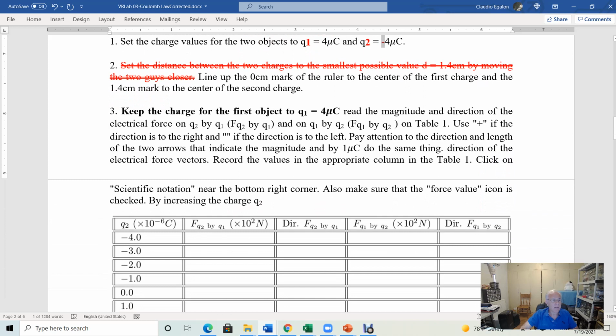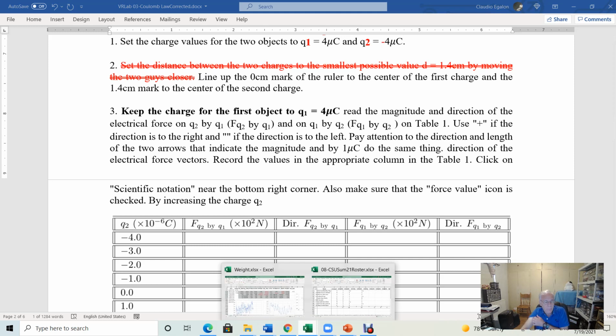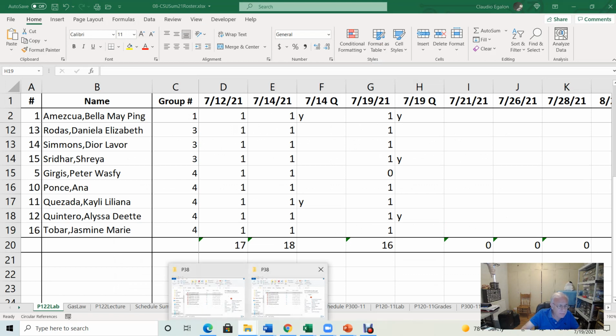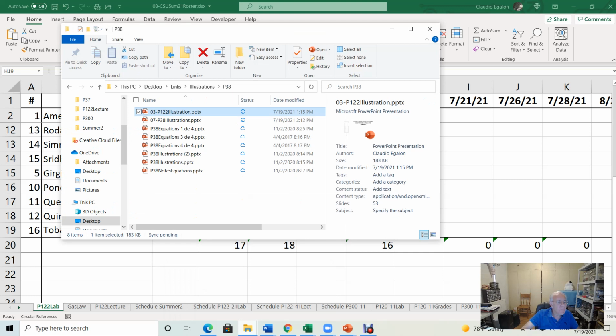You gotta put the table here. We are going to create a table. You're gonna go to your spreadsheet. Let me get the spreadsheet that I did last semester. Hang in there. Bear with me momentarily.